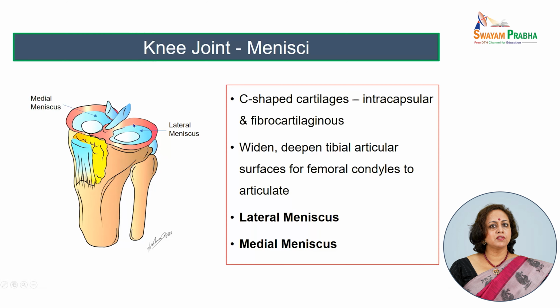This is the lateral meniscus and this is the medial meniscus. Both of them are C-shaped, intracapsular and fibrocartilaginous. They provide congruence by widening and deepening the tibial articular surfaces, and they allow the femoral condyles to articulate with this deepened condylar surface.